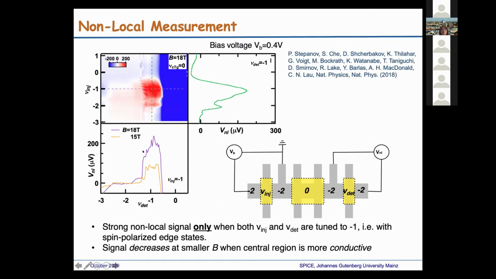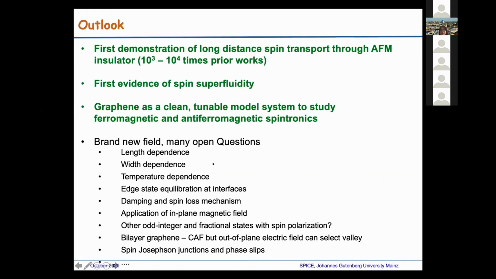And so this tells us that we're actually seeing non-local signal only when the center region becomes an antiferromagnetic insulator, and the detector and the injector region have spin polarized edge states. Okay, so in this case we have demonstrated long distance spin transport through an antiferromagnetic insulator.